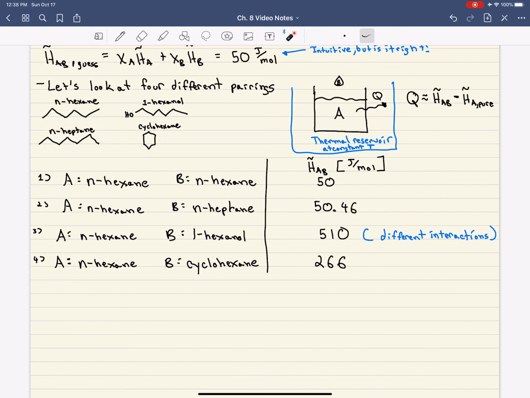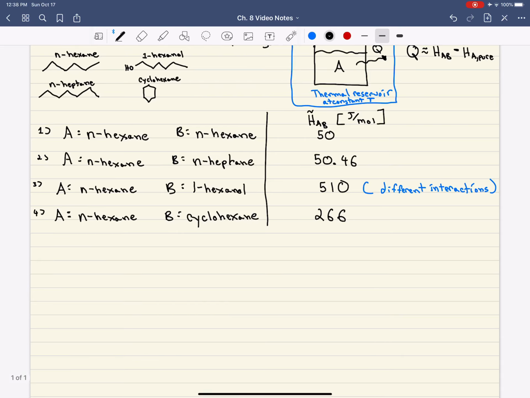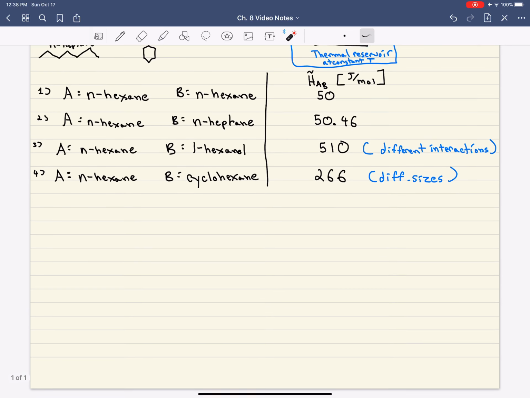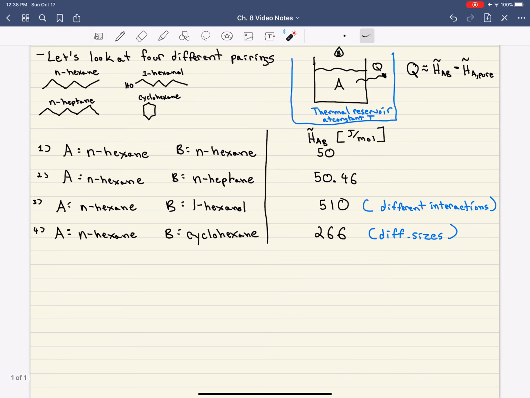And so the cyclohexane can't arrange itself as well as it would want to. Due to the fact that the molecules have very different sizes, this leads to a lot of heat being released from the solution, and the final molar enthalpy of the solution being much higher.